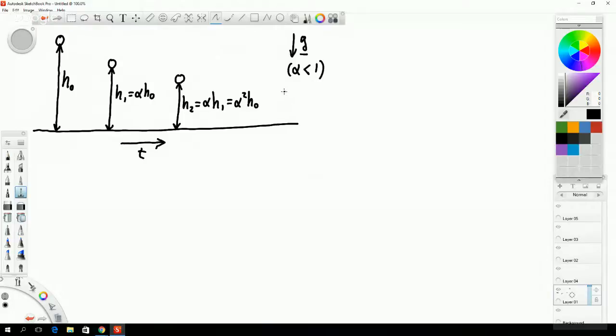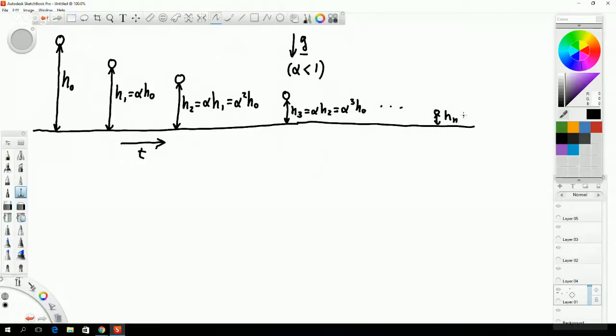What's going to happen at the third bounce, or rather after the third bounce? We're going to bounce back at a height h3, and once again h3 is going to be alpha h2, but then again, because of the expression for h2 in terms of h0 that we already obtained, we get alpha cubed h0. And so you can see where this is going to go.